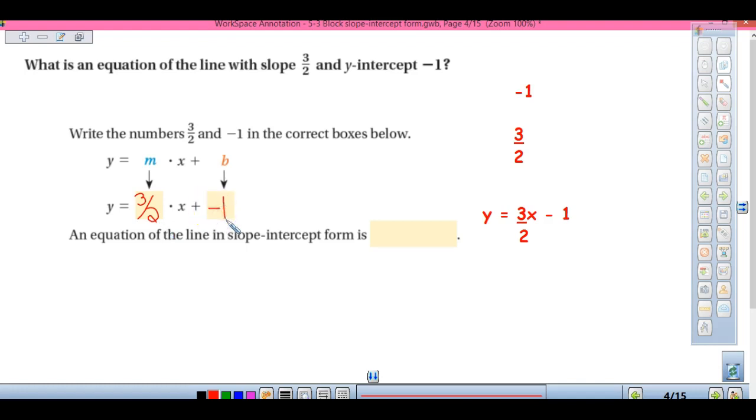So when I rewrite this, do I need that plus sign there? I'm going to write it as y equals 3/2 x minus 1. Minus 1, because my 1 is negative. If it were a positive 1, then I would go plus 1. Make sense?